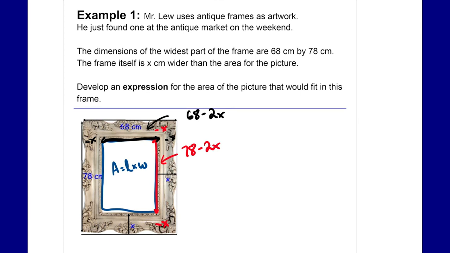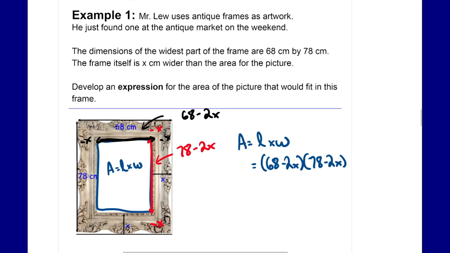So now I have two expressions for the length and the width of the inside of the picture frame. So if I want to find the area, which is length times width, I have my two new dimensions: 68 minus 2x times 78 minus 2x. And now I just need to multiply. So how do I multiply these two brackets?